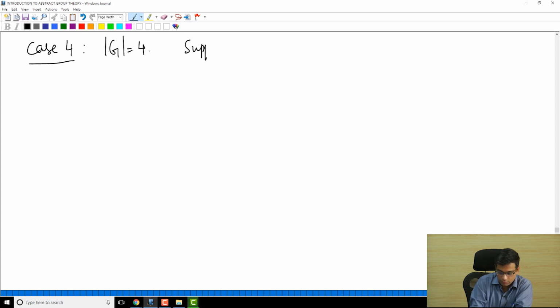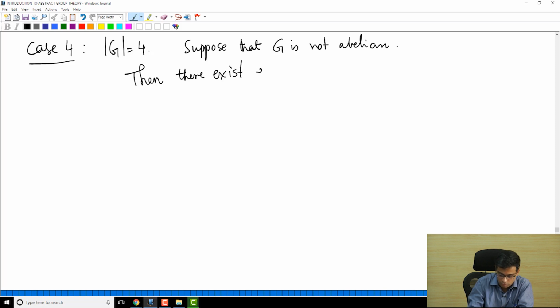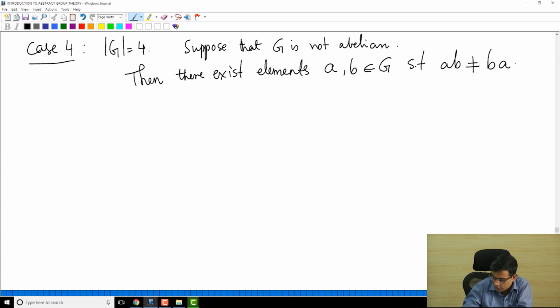Suppose G is not abelian. Then by the point that I mentioned at the beginning of the solution, there exist A, B in G such that AB is not equal to BA.